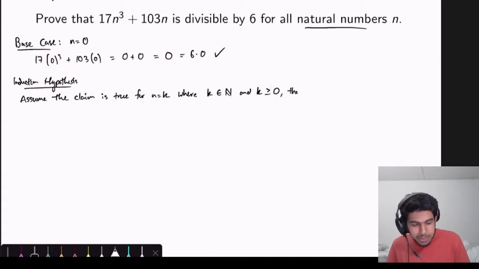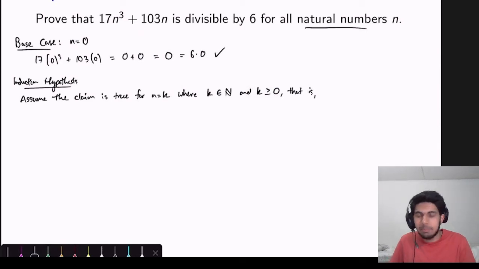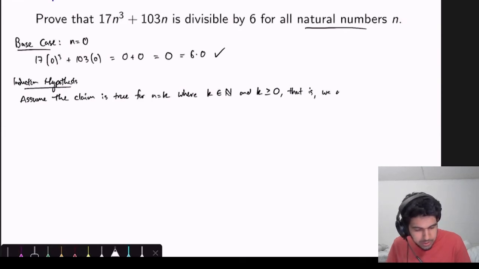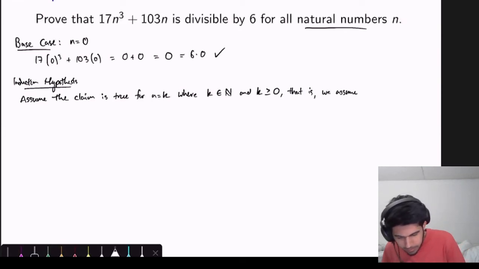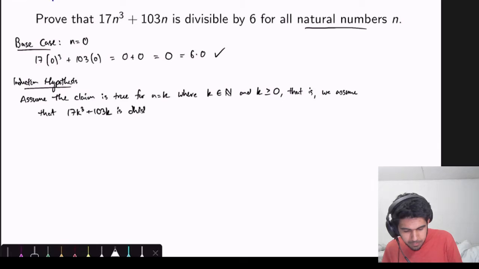And then I'm going to restate what I'm assuming. You might be like, why am I restating it? Because here I just said, assume the claim is true. That's not very specific, so I want to be very clear with what I'm assuming. So we assume that 17k cubed, now we're going to use k, plus 103k is divisible by 6.